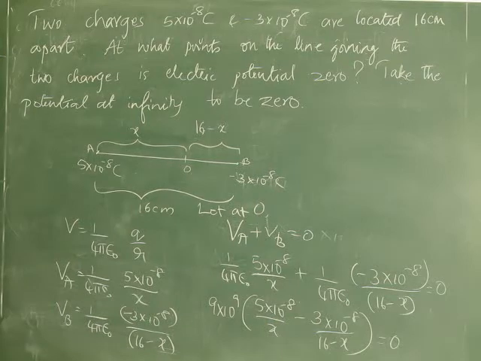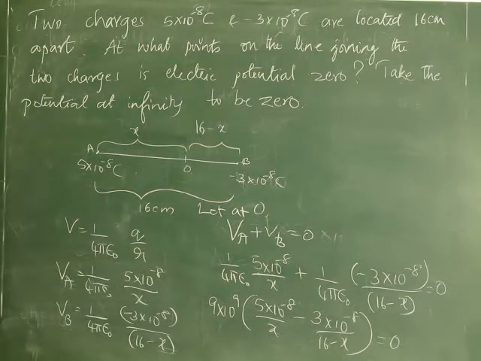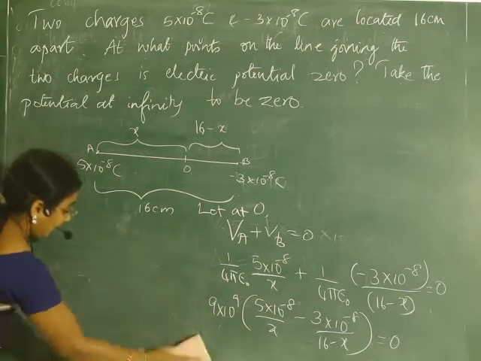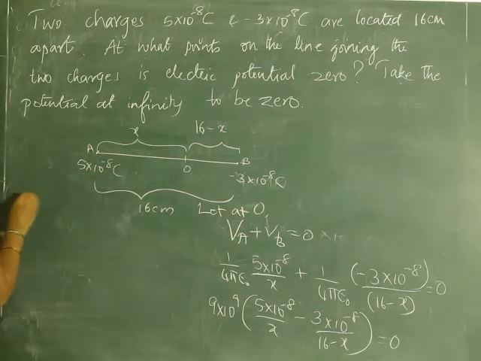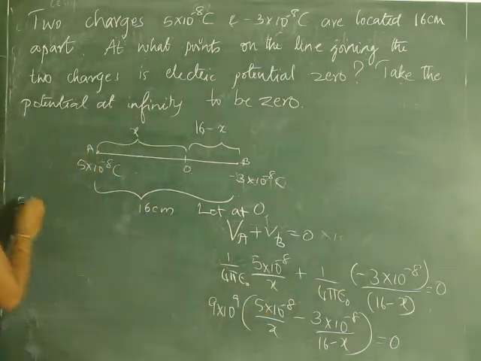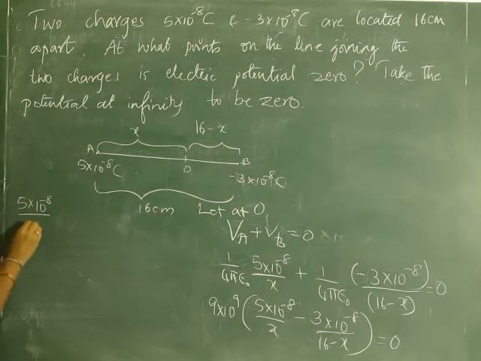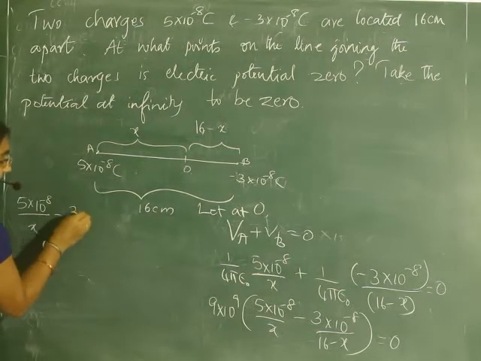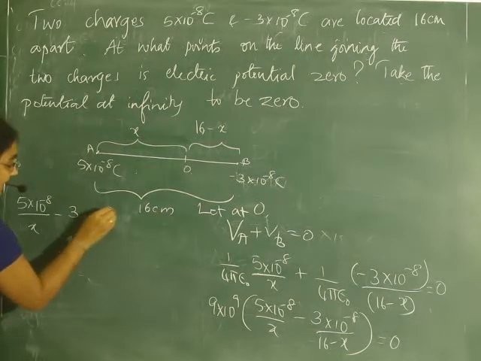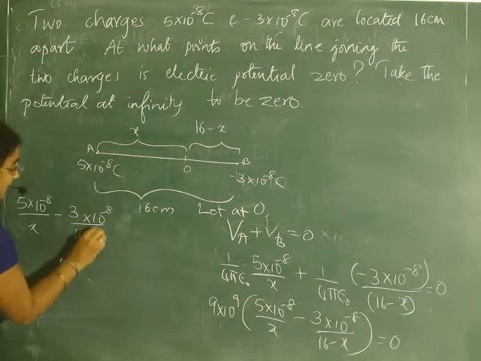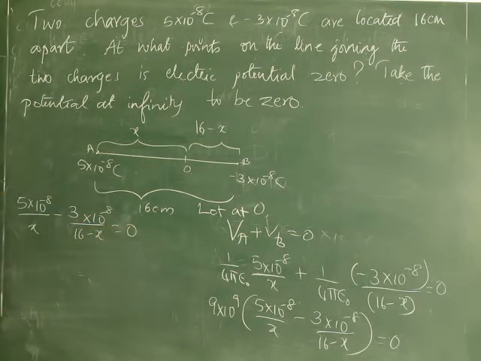Take 9 into 10 to the power 9 to the other side. So what is the answer you get here? 9 into 10 to the power 9 times 0, something divided by 0 is 0. So 5 into 10 to the power minus 8 by x minus 3 into 10 to the power minus 8 by 16 minus x is equal to 0.